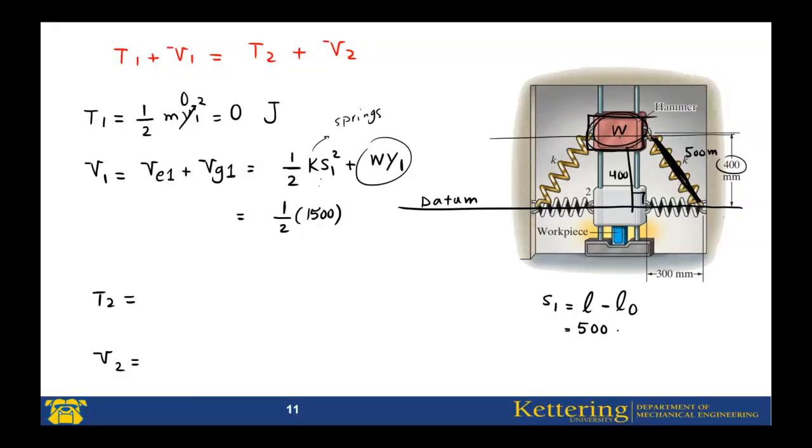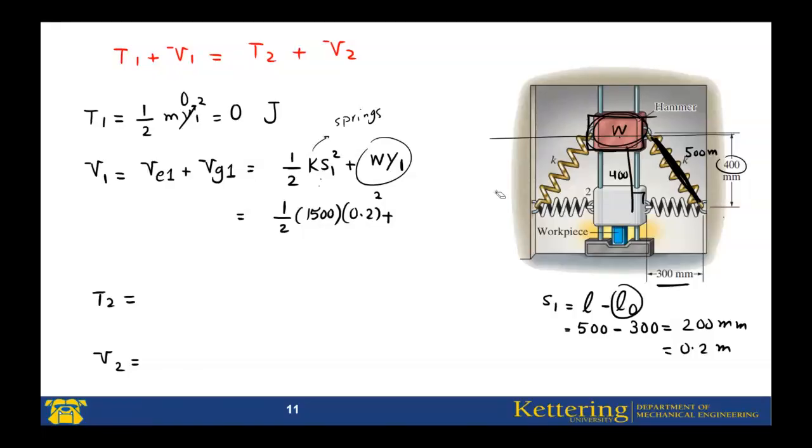So this equals 500 minus the initial or unstretched length of the spring, which is 300. It equals 200 millimeter or 0.2 meter. Then I put this one here, 0.2 squared plus this one.